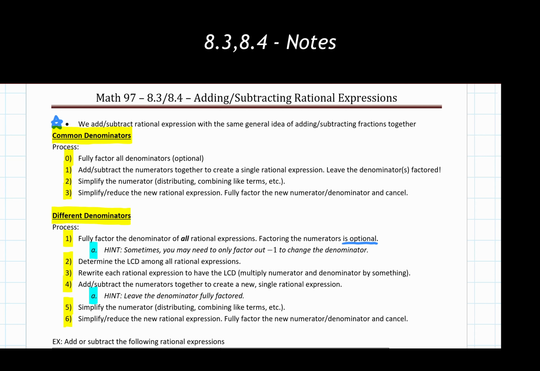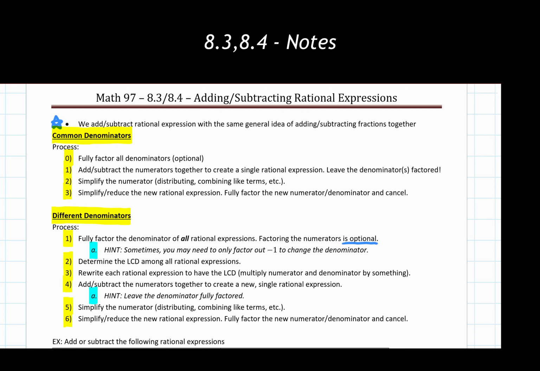Once we have that determined, and I'll show you how we do that, and I would recommend making notes of that and writing that down somewhere near the problem for yourself, we are then going to rewrite each rational expression to have that lowest common denominator. This is again similar to what we've done with our adding and subtracting of previously done problems, or just standard, quote-unquote, easier fractions.